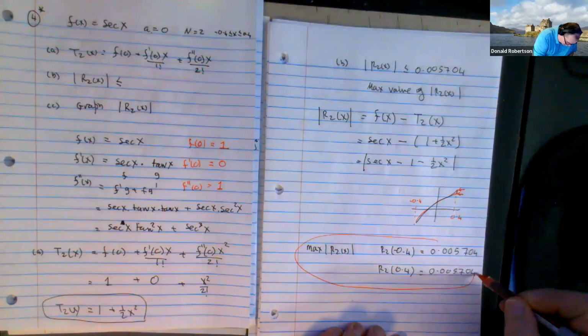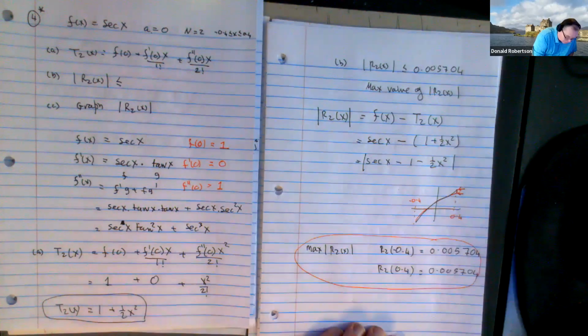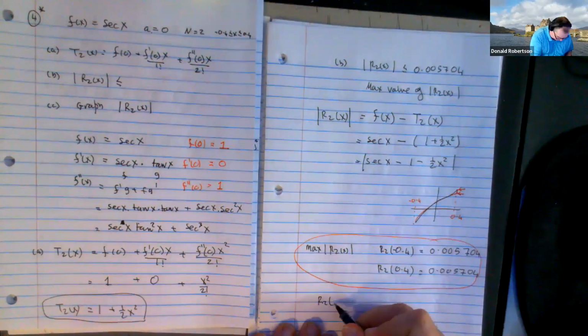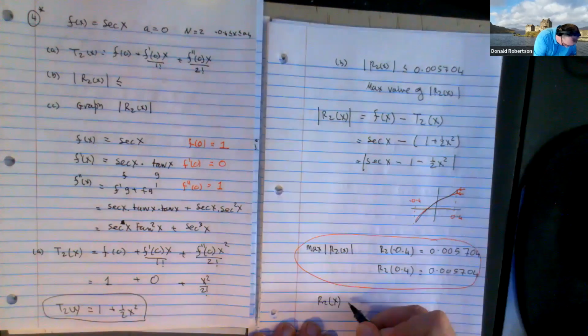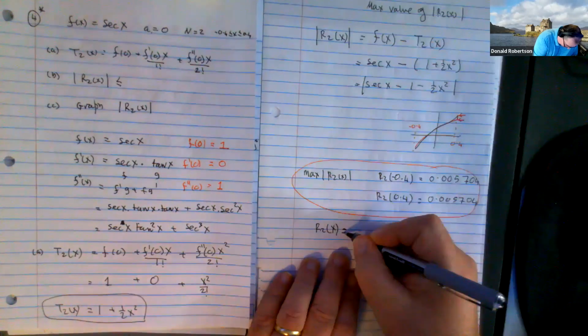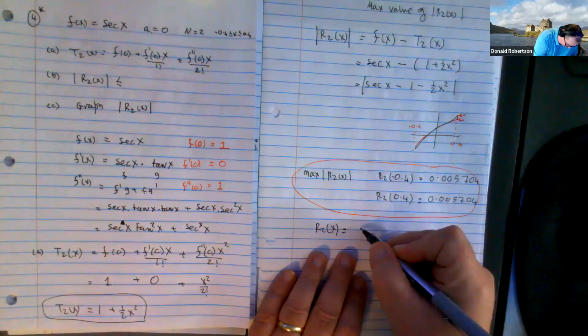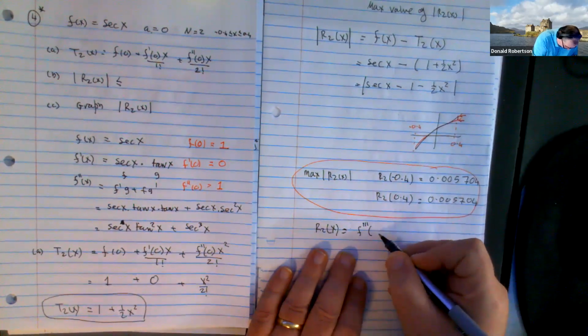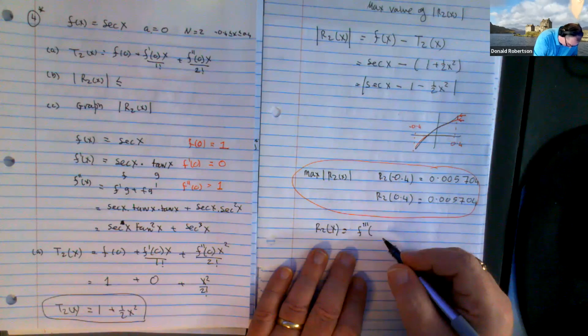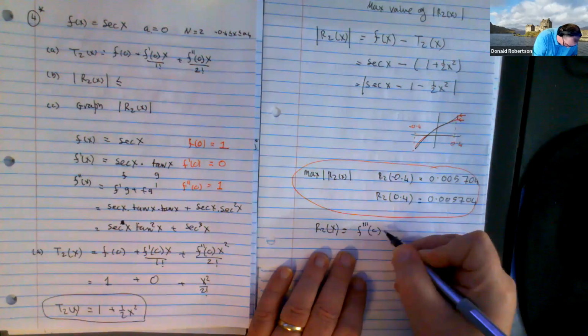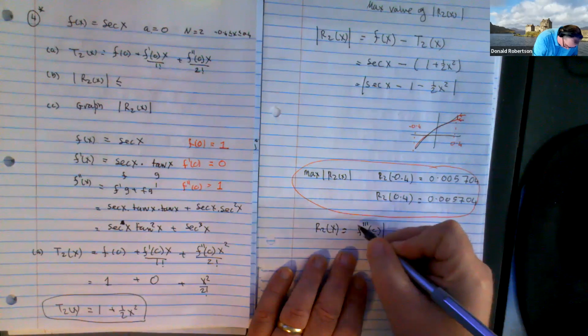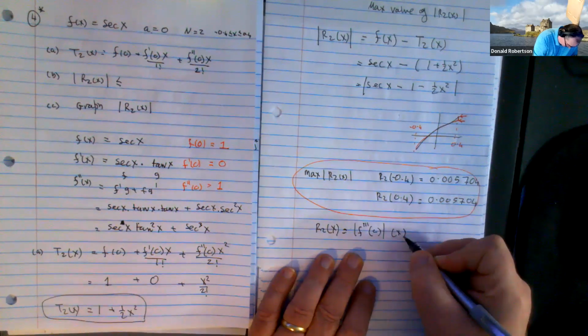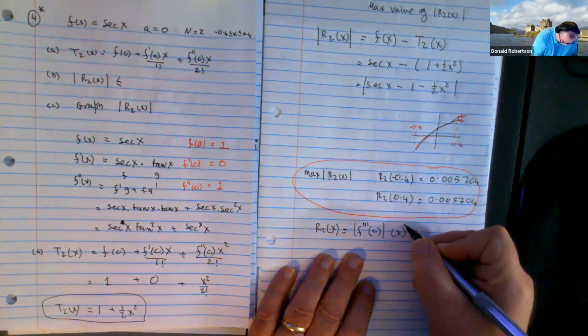This is how you would do it in a more theoretical way. R2 is the third derivative at c, absolute value, x to the power of 3 over 3 factorial.